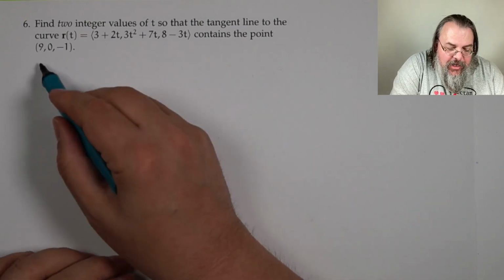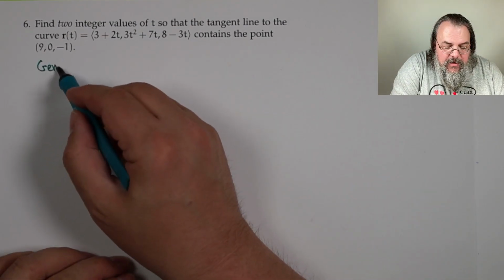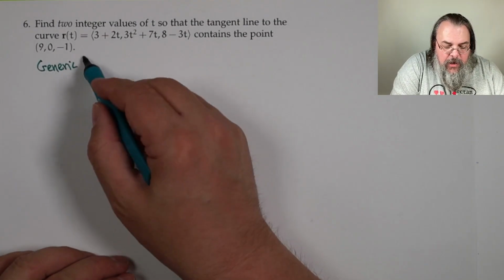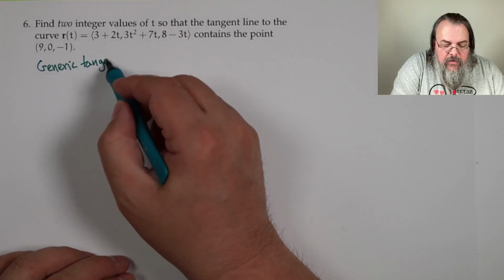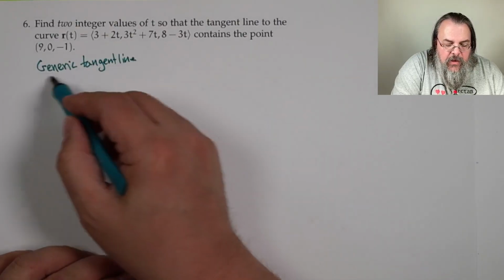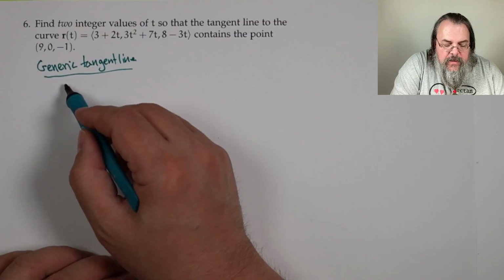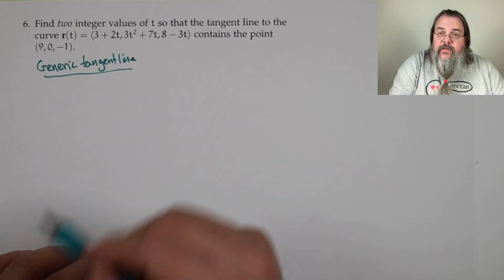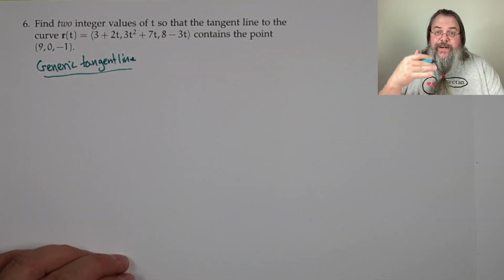So a generic tangent line has the following form. We have some point, and I'm going to use the symbol a, so a specific value of t.